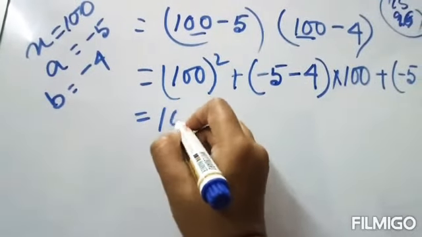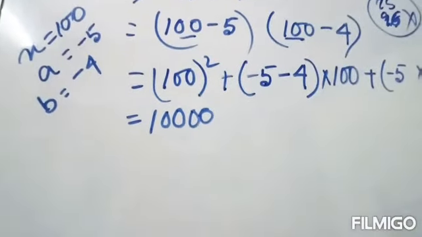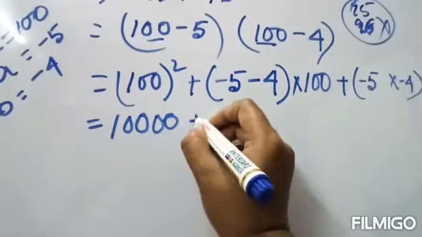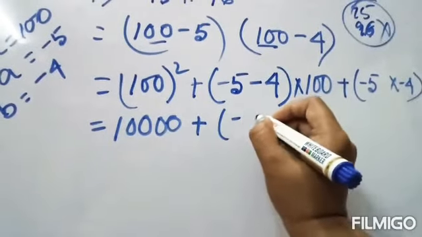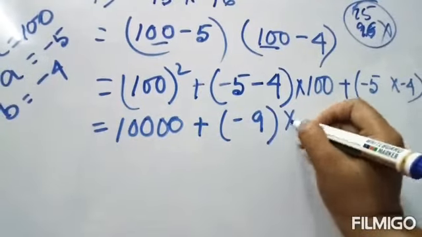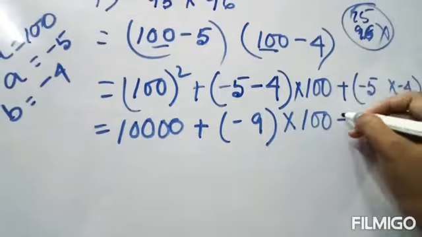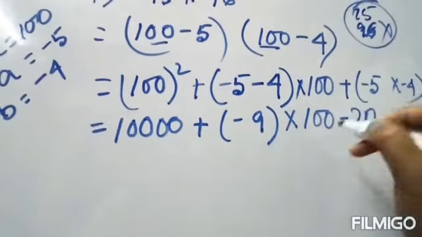So x square, we know, means 2 zeros more, correct? So minus 5 plus minus 4 will make minus 9, into 100, which will be minus 900. Minus into minus is plus, so it will be plus 20.